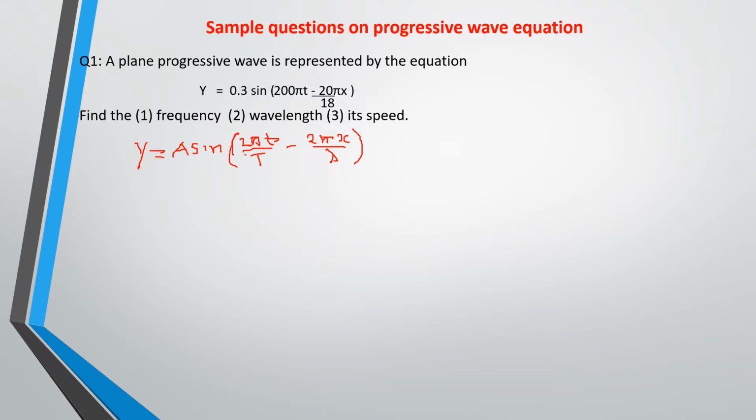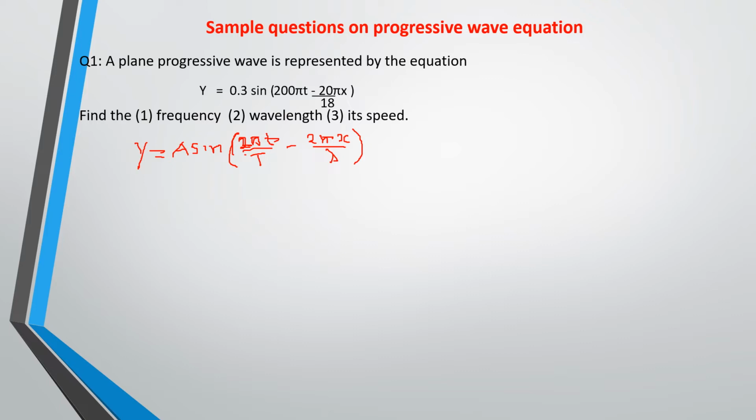So when you are given any problem like this, the first thing you do is write down this equation. Then the next step is to compare it with the equation that you are given. If you want to find period or frequency, you do your comparison.